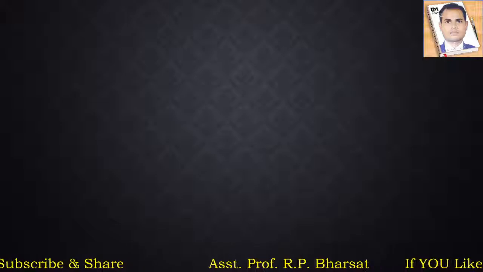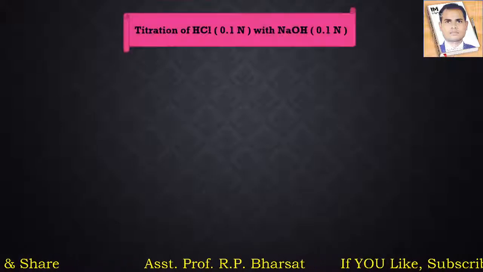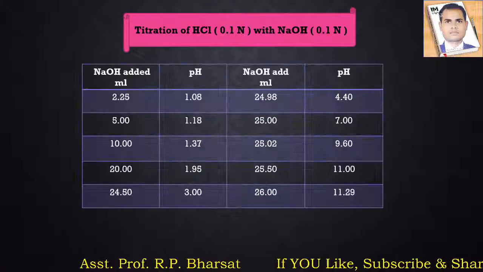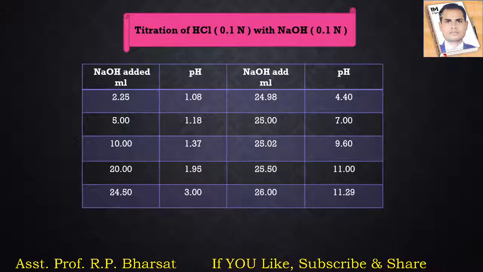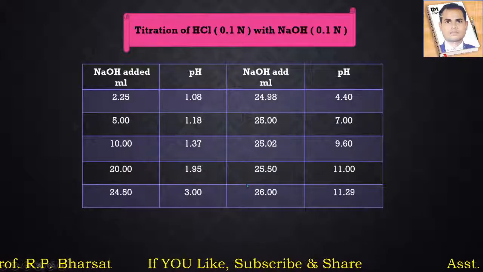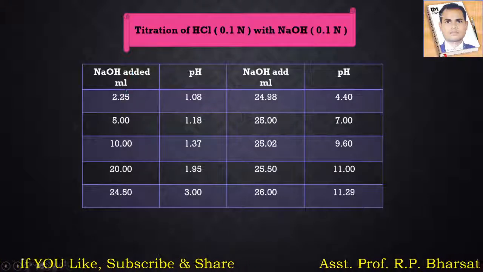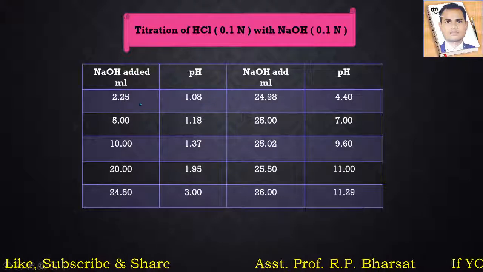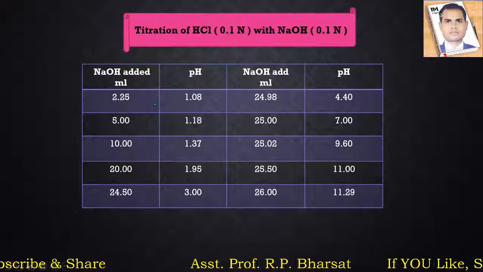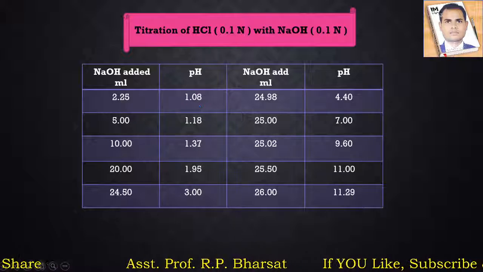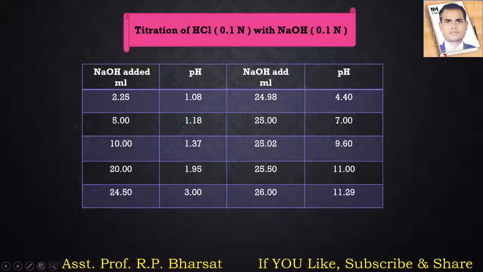In this way, when you are adding base into the acid, the pH goes on increasing. When you have added 2.25 ml of NaOH, you will get a pH of 1.08 for the whole solution.